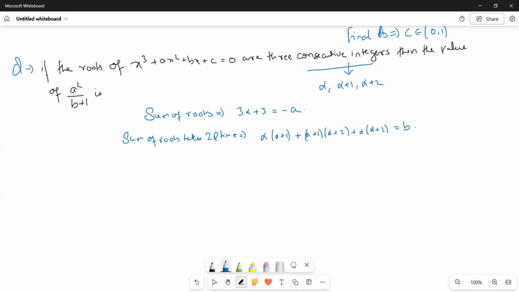This would be b, but we need b plus 1, so let's add 1 on both the sides.